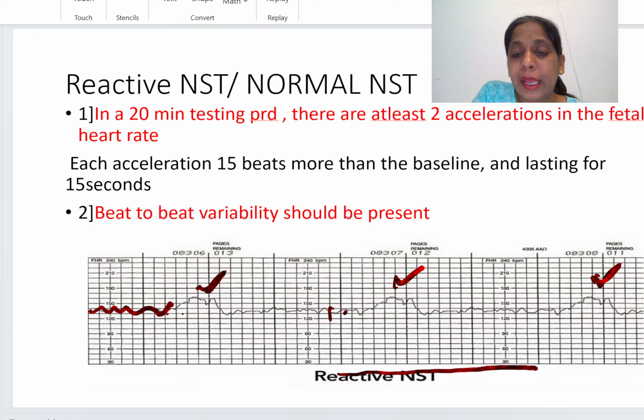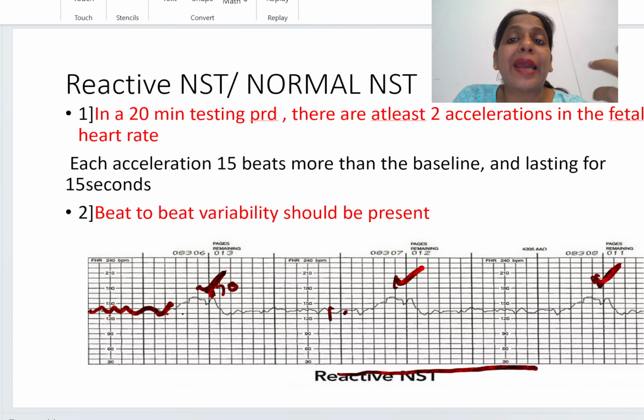Because as per the definition, only the rise which is 15 beats above is considered. For example, here the baseline was 130 and this has touched 170.